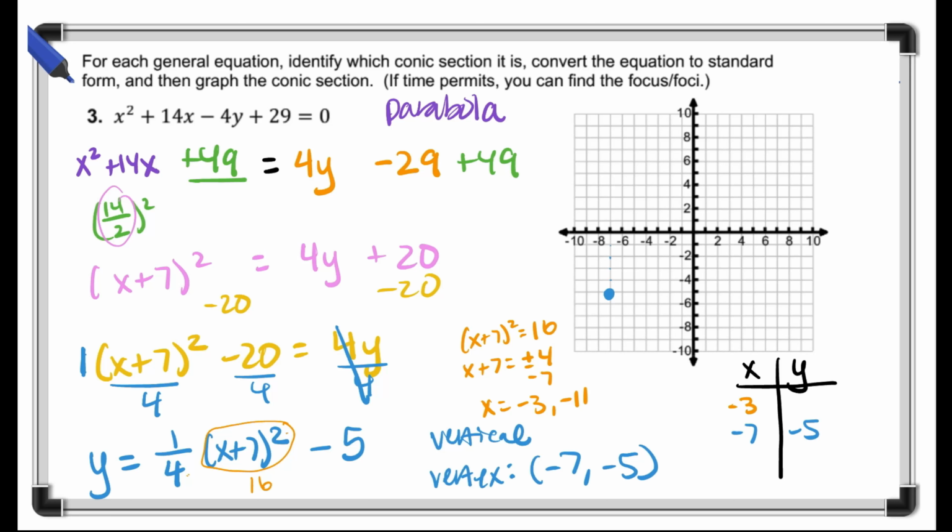So -3, -11. To find our y value, we're just going to take 1/4 of 16 and then minus 5. So that is 4 minus 5, which is -1 for the y values. And now you can plot those points. You got -3, -1. We're a little off, but we can just guesstimate right about there. And you have your parabola that opens up.